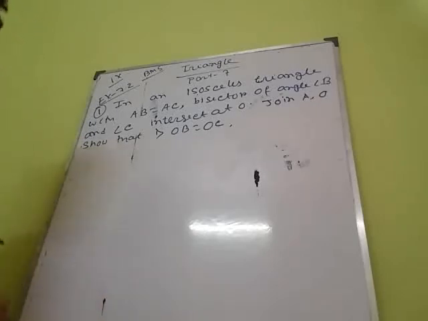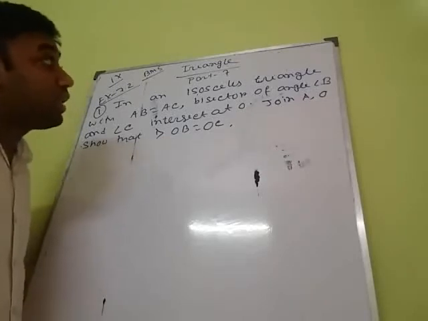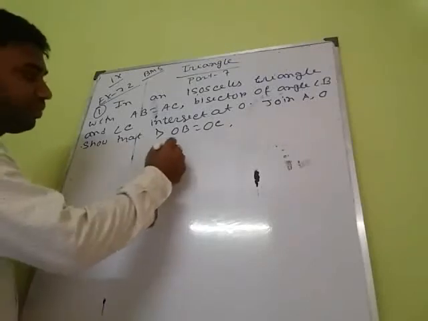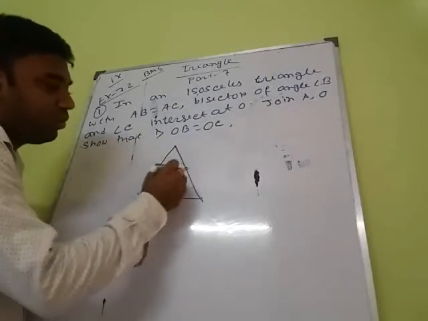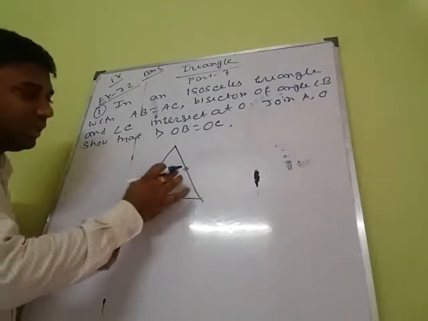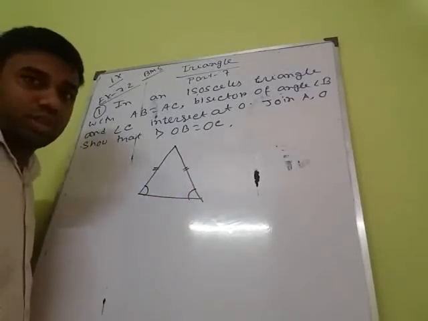Now students, before solving the sums, I am discussing a thing in geometry. In a triangle, if two sides are equal, it is called an isosceles triangle. If these two sides are equal, then these angles should also be equal. That is the theory.